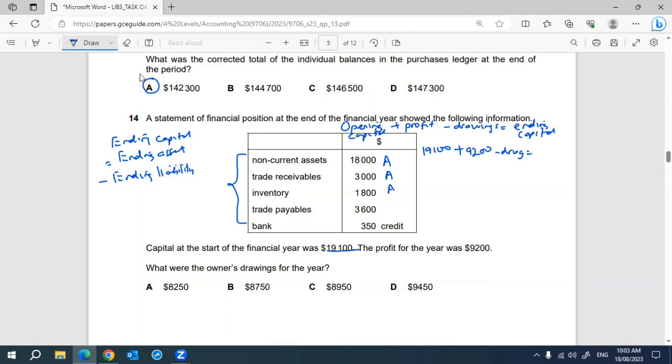So adding these three, that will be 22,800. And the liabilities would be the trade payables and the bank. So this would total up to be 3,950. So therefore, the ending capital would be 18,850. And we can easily work out the drawings to be 9,450. So therefore, the correct answer is D.